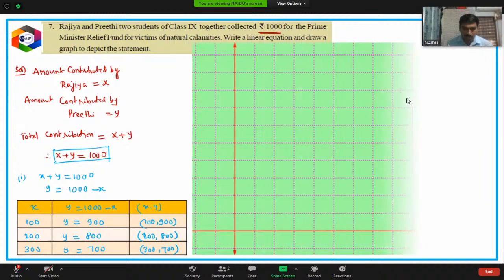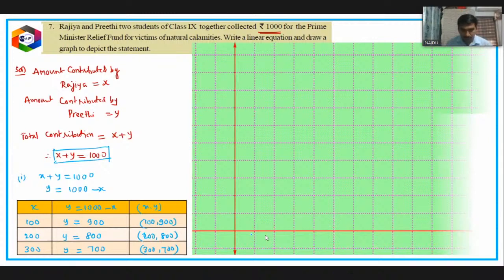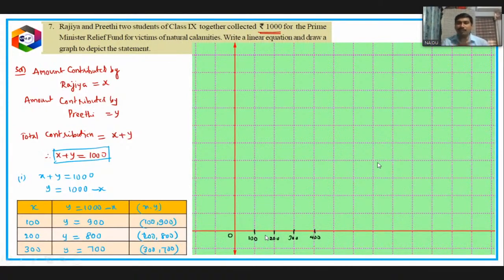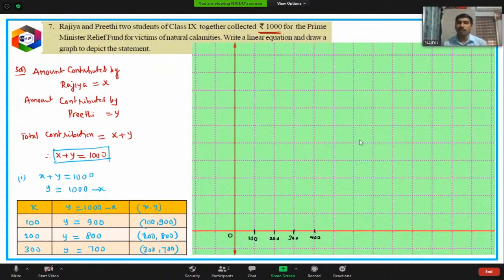This is origin, this is 100, this is 200, this is 300, 400, and I have taken the graph likewise. Why? Because it is regarding the amount, never negative, and that will be completely in quadrant 1 only. అంటే అదంతా డేటా అంతా క్వాడ్రంట్ 1 కి సంబంధించింది, because x and y both positive is related to quadrant 1. That's why I have taken more space for quadrant 1.